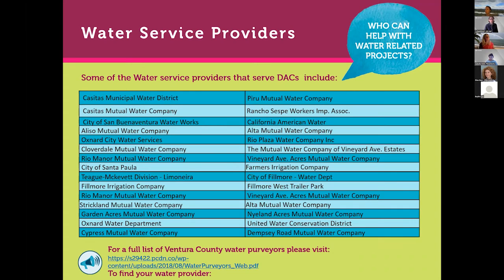And there's 9 areas within the county that we identified based on that income metric. And those communities include Casitas Springs, El Rio and 9 Acres, Saticoy, the Ventura Avenue area, Oxnard, Fillmore, Santa Paula, and Piru. I think I didn't leave anybody out. There's 9.